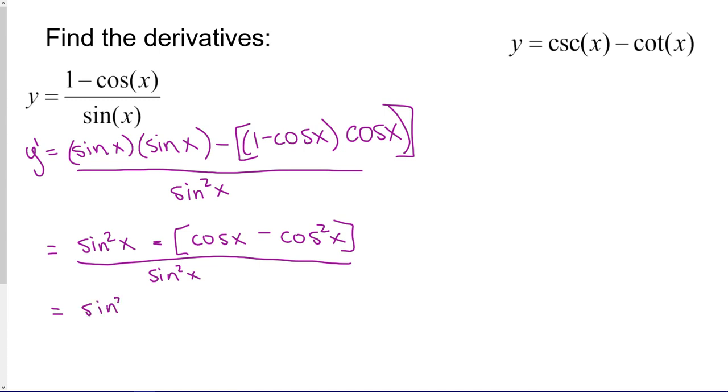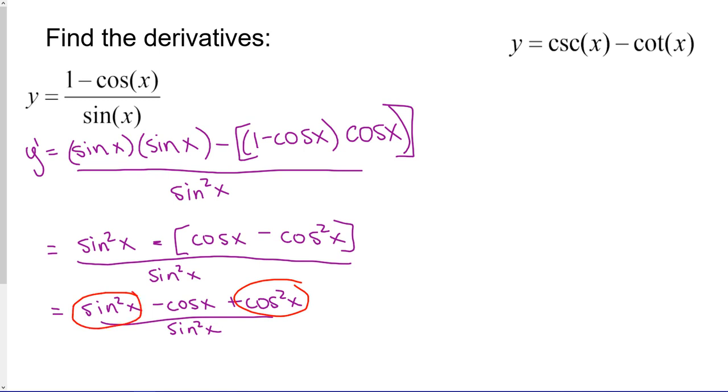We have sine squared of x minus cosine of x plus cosine squared of x all over sine squared of x. And lucky for us, we have a cosine squared x and a sine squared x, so that just gives us 1. And our derivative here is going to be 1 minus cosine of x over sine squared of x.